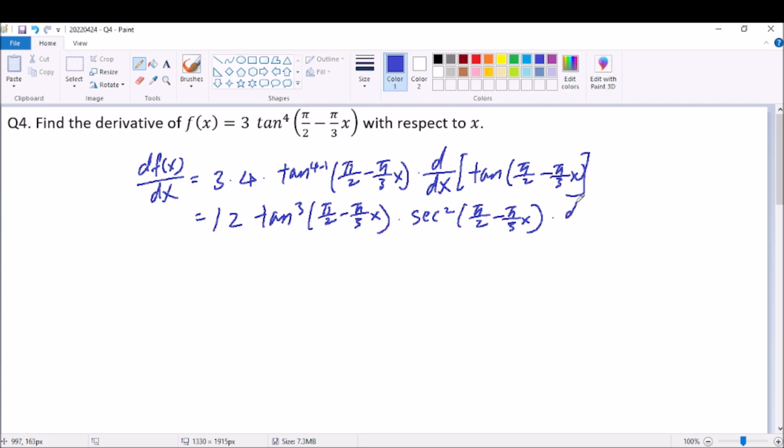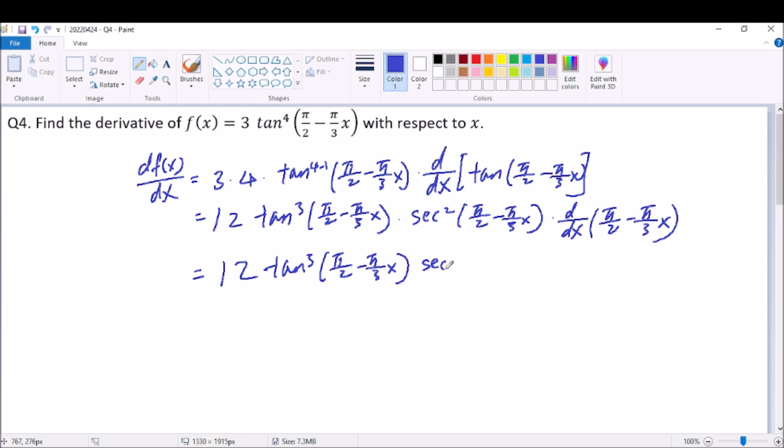Now we need to differentiate the inner expression, pi over 2 minus pi over 3 x. So we have 12 tangent cubed (pi over 2 minus pi over 3 x) secant squared (pi over 2 minus pi over 3 x).